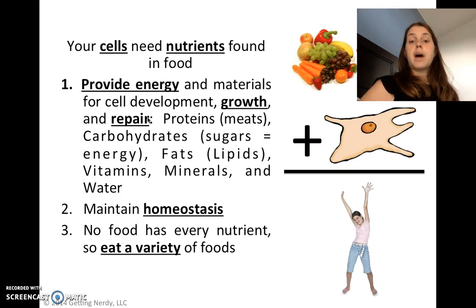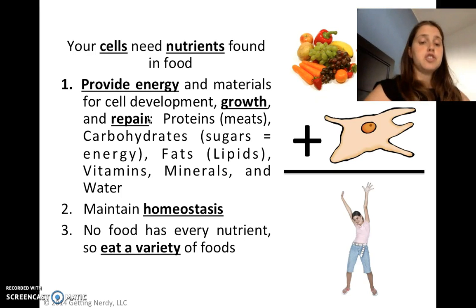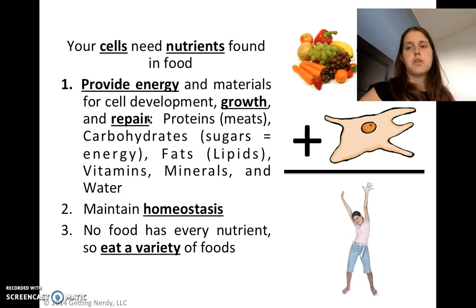It also allows our body to maintain homeostasis. Homeostasis, remember, means balance with the environment. So all of our cells are able to get all the stuff they need in order to maintain homeostasis. Understand that no food has every nutrient, so you need to eat a variety of foods in order to get all the nutrients that your body needs.